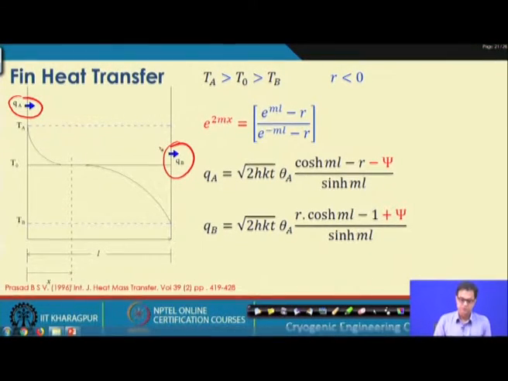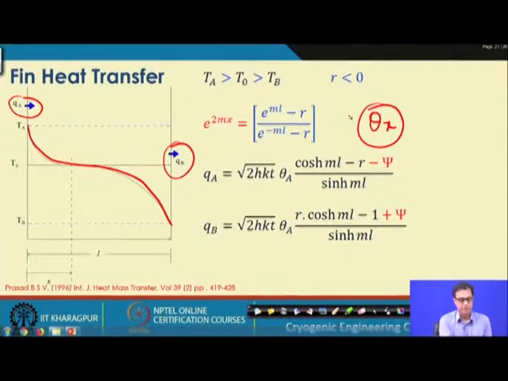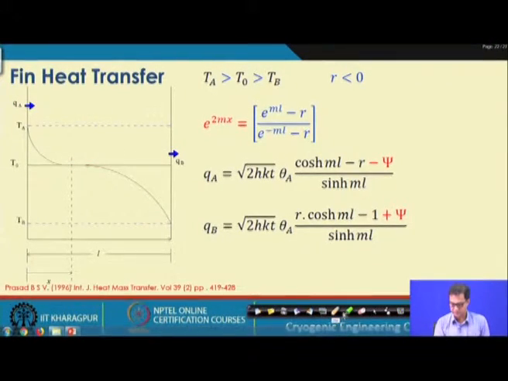Since we know the temperature profile of this fin, already we have calculated that, that is, the theta x we have solved. So, we know the temperature profile. So, another way of calculating the Q A or Q B is from the fin equation, and we will look into that in the next slide.